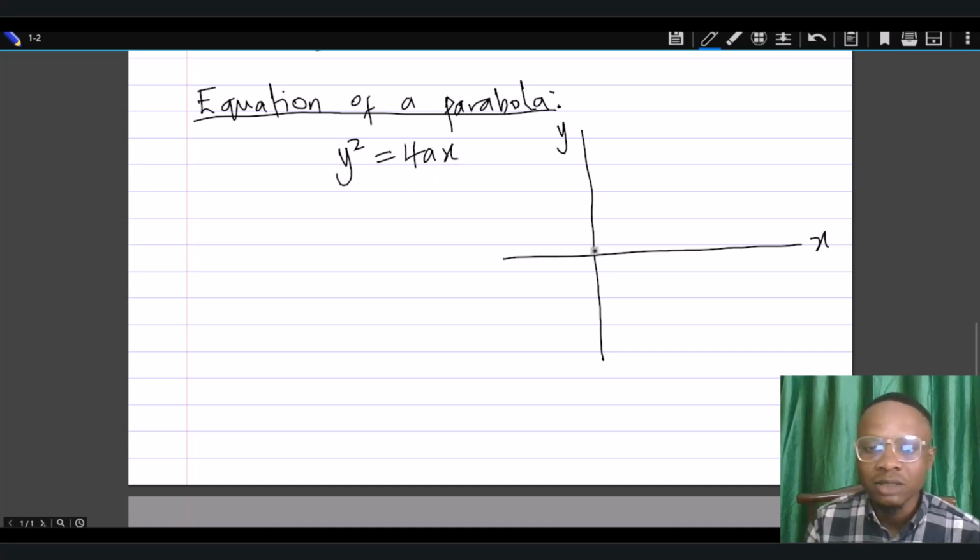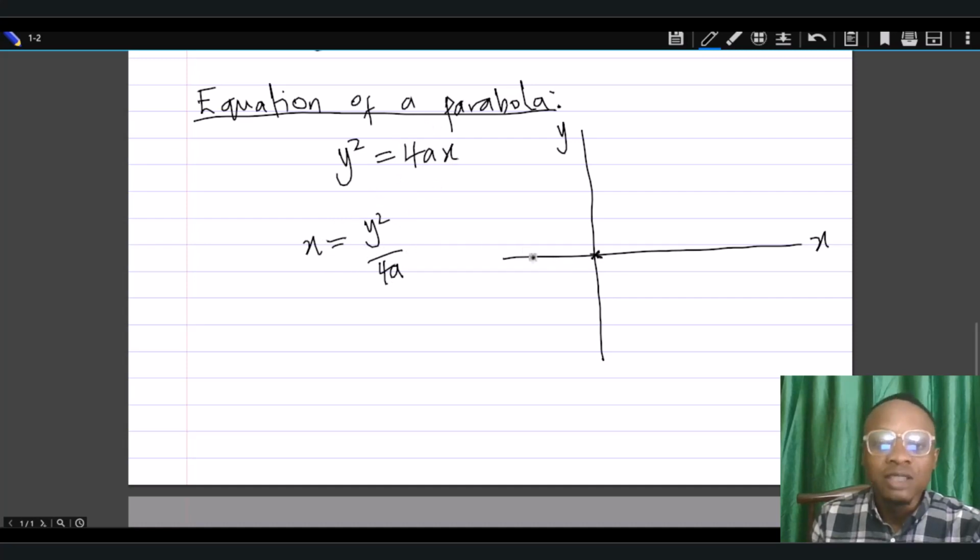So that tells us that the parabola, whatever shape this represents, is going to pass through the origin, because when x is equal to 0, y is equal to 0. Another thing to notice here is the fact that y is squared. So because y is squared, x will always be positive. For instance, if you make x the subject here, x will be y squared over 4a. So this represents a situation where x is always positive.